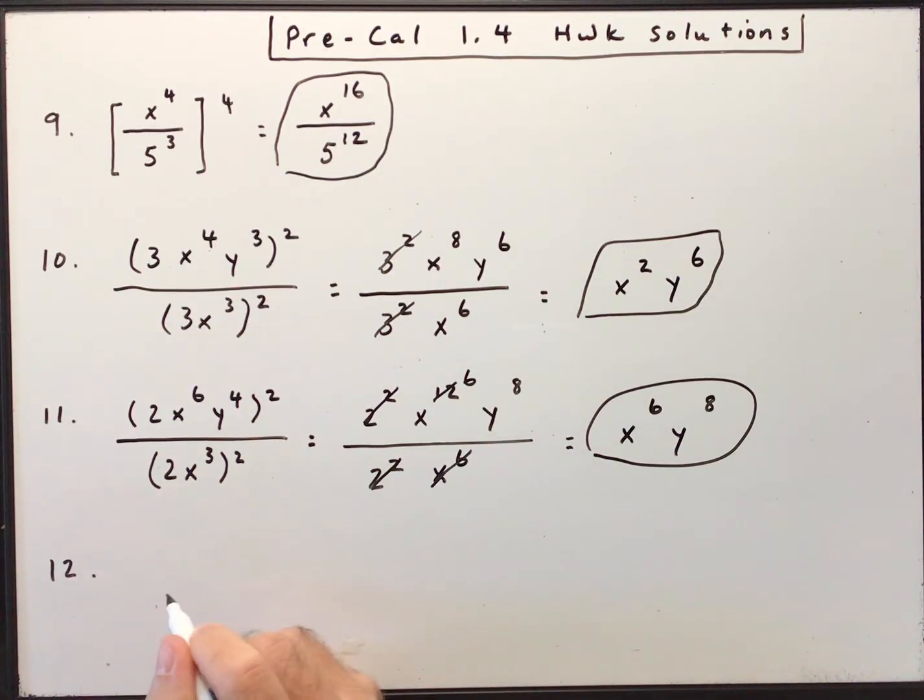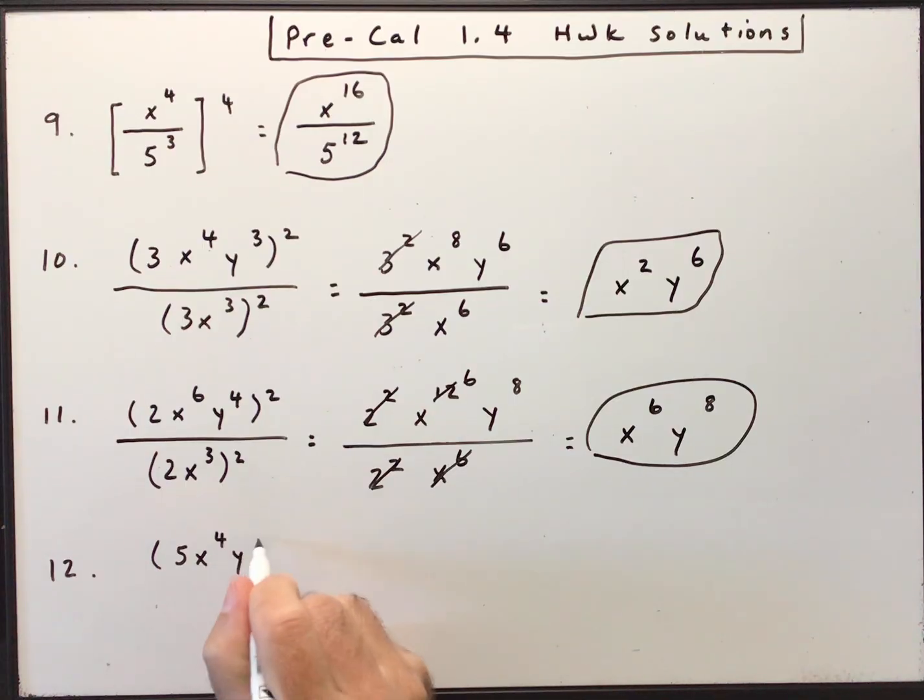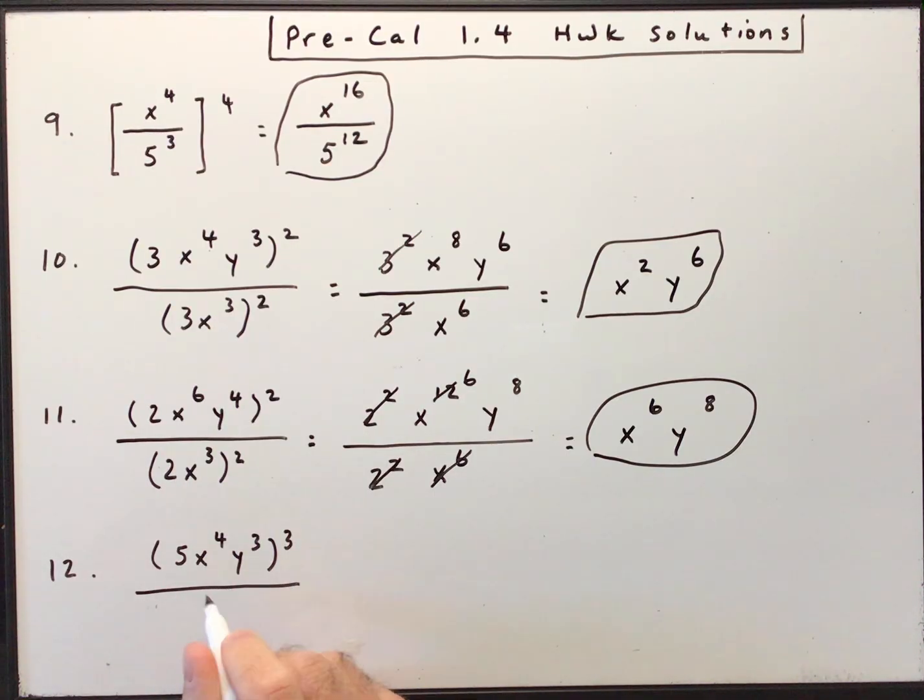All right, I think I can get number 12 in here. So we have 5x to the 4th, y cubed, all cubed, over 5x squared, all cubed.